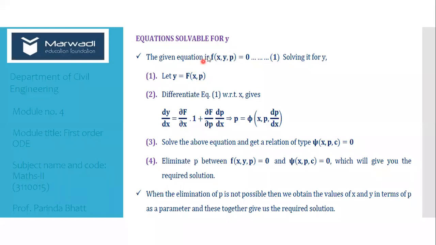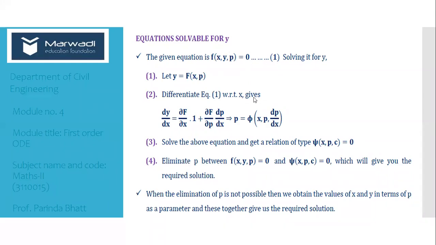Again, what are the steps? This is the equation solvable for y. The given equation is in the form of a function of x comma y comma p equal to 0. Right now, solving it for the y variable. Therefore, let y equal to f of x comma p. Now, differentiate equation number 1 with respect to x.